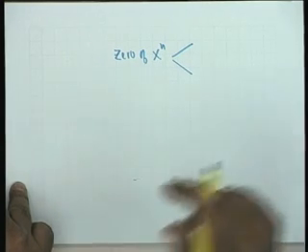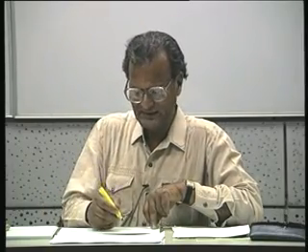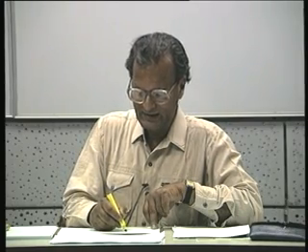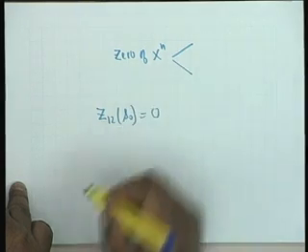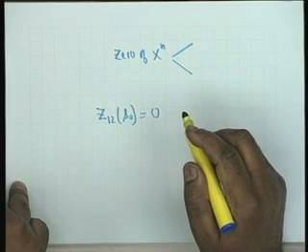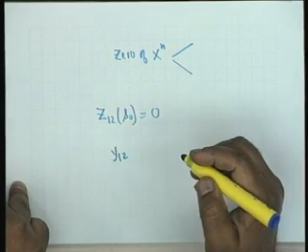But in general, since you raised the question, let's answer this question. In general, if Z12 has a 0, then Y12 also has a 0 at the same frequency.